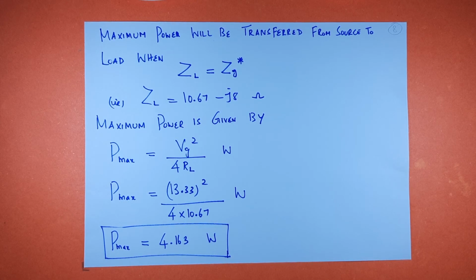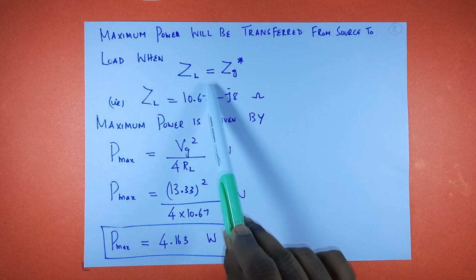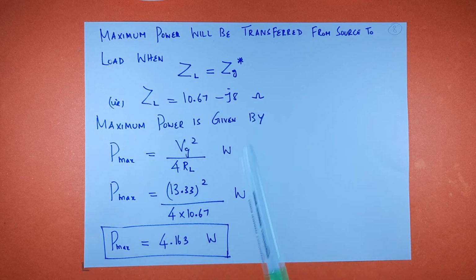And the second part is, we have to find out what is the maximum power. Maximum power is given by this formula, Pmax equal to Vg square divided by 4RL. So Vg we have already found out, 13.33 some angle. So you have to take only the magnitude. So we take the magnitude 13.33 the whole square divided by 4 into RL. So this is a complex impedance.